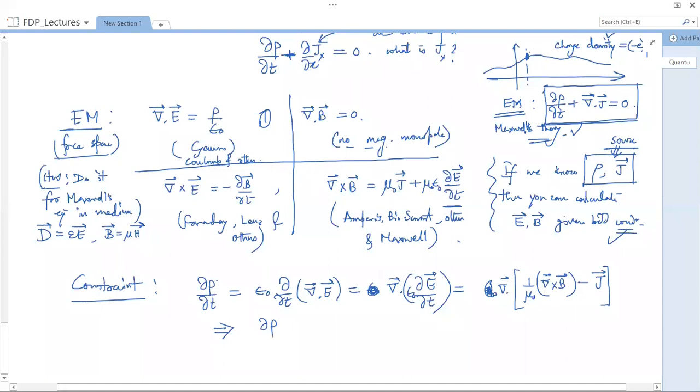Which gives del rho del t plus, if I take this term del dot J on the other hand side, del dot J is equal to del dot del cross B. Now that is 0.